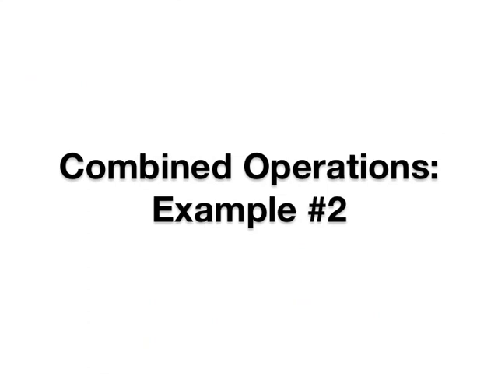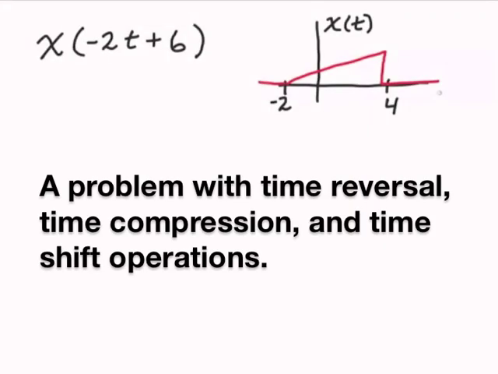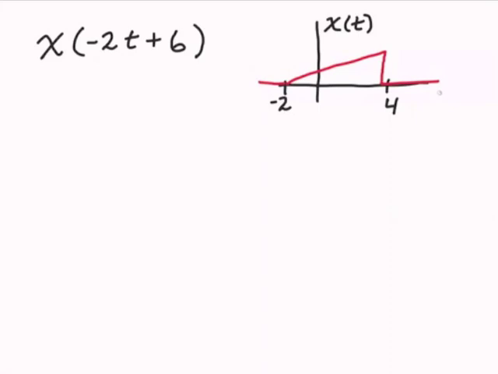Now let's look at the second example of combined operations. In this example, we'll have a problem that has time reversal, time compression, and time shift operations. We are given x of t, which looks like a sawtooth, and we want to find x of -2t plus 6. We'll write the argument -2t plus 6 as -2 times (t minus 3).